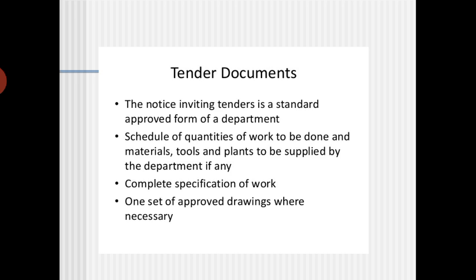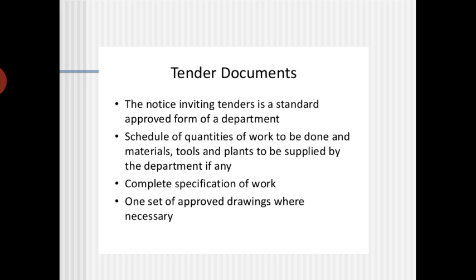Schedule of quantities of work to be done and materials, tools, and plants to be supplied by the department, if any. In the tender documents, the schedule of the quantity of works to be done. Tools: what kind of tools are required for this has to be specified. So what kind of plants has to be supplied has to be reported in the tender documents.